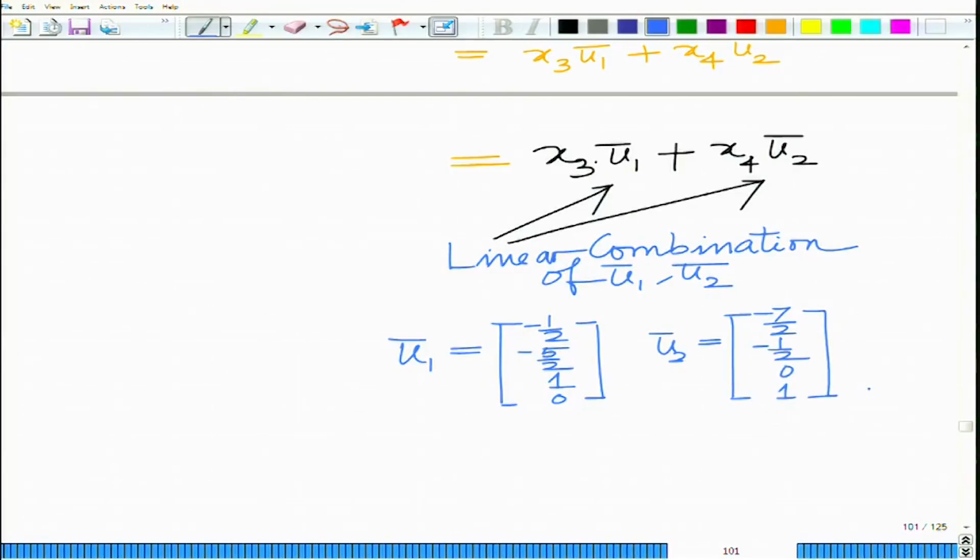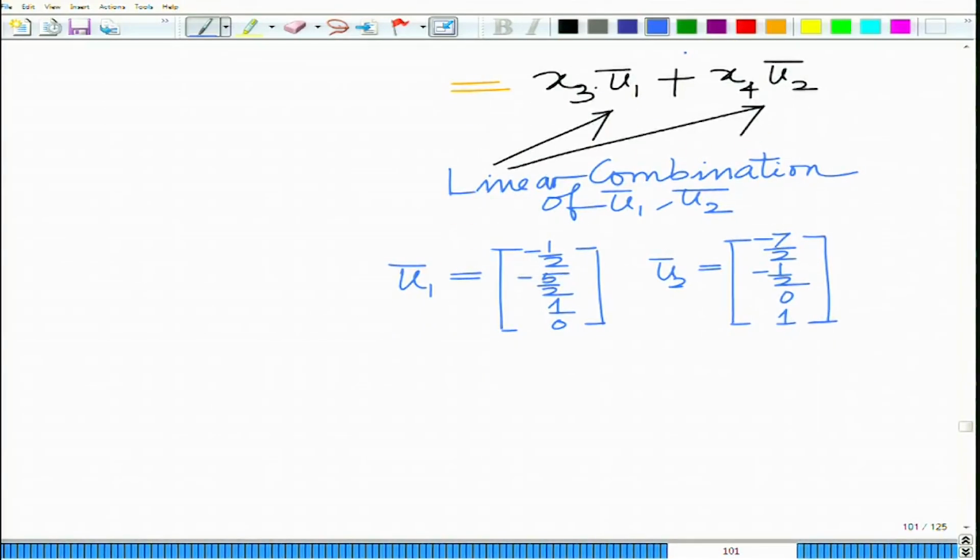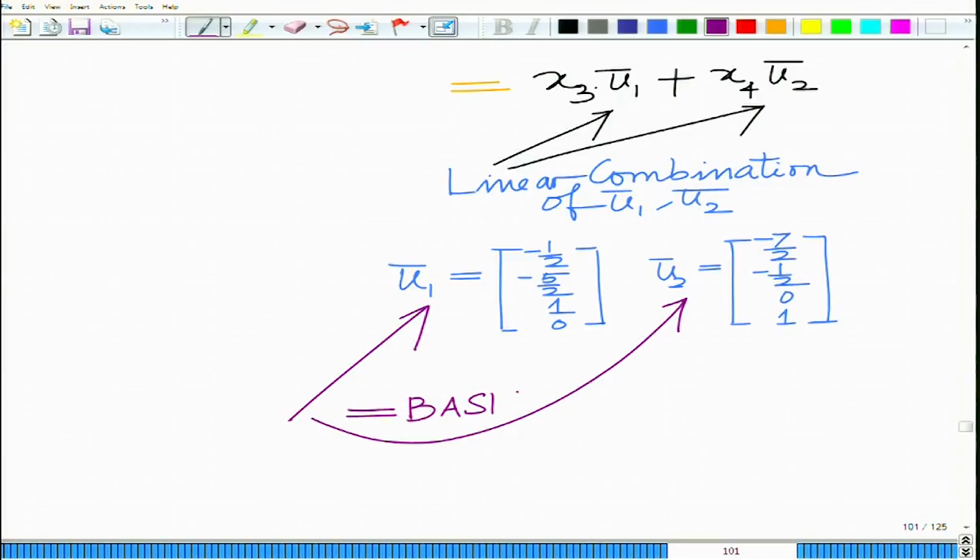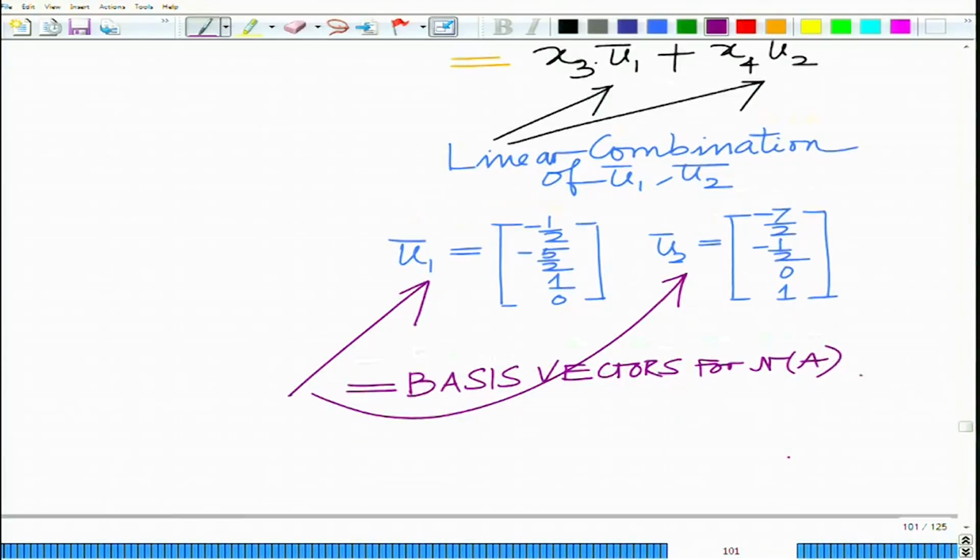So, these vectors are basis vectors. Okay. So, what we are saying is that these are basis vectors for the null space of A.